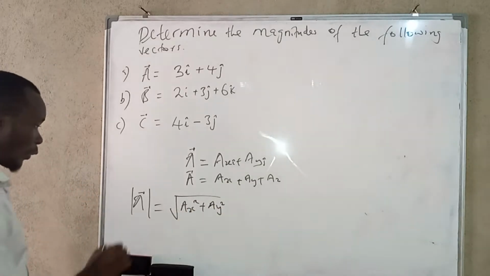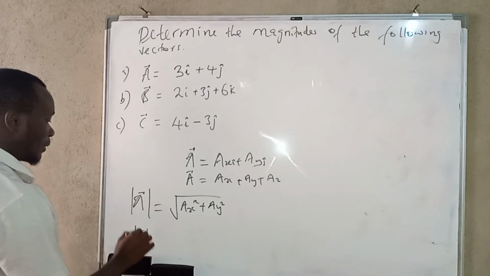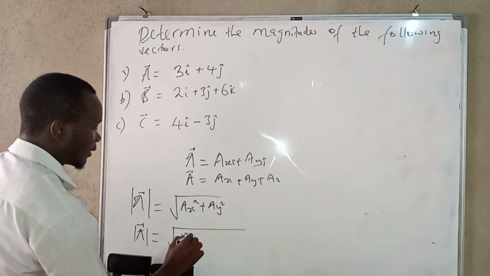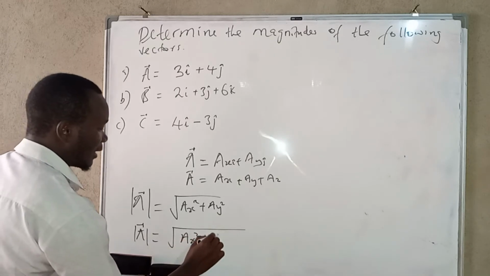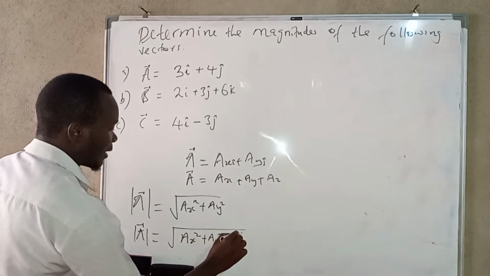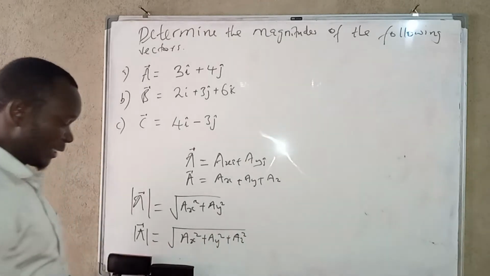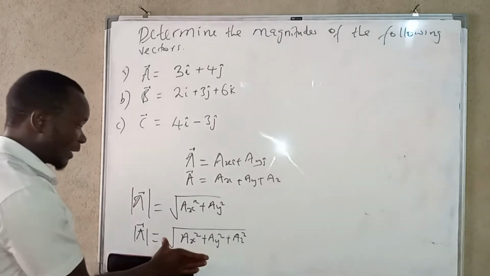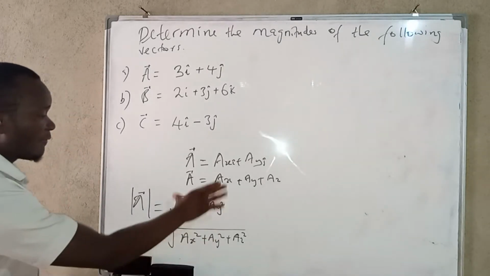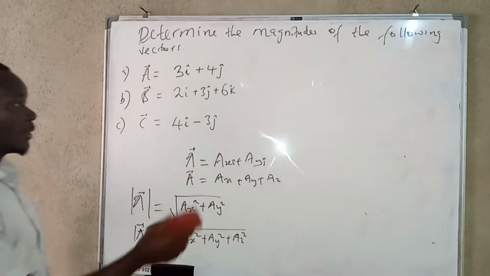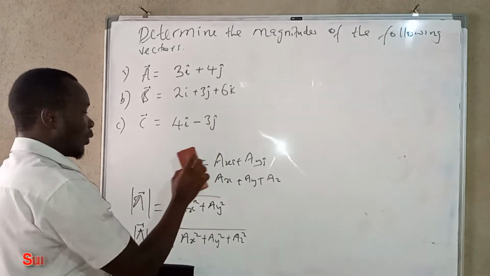In three dimensions, it will be given by the square root of ax squared plus ay squared plus az squared. So this is how we find the magnitude of vectors. If we plug in the values that we have, we are going to find the magnitudes. Now let us look at this question.